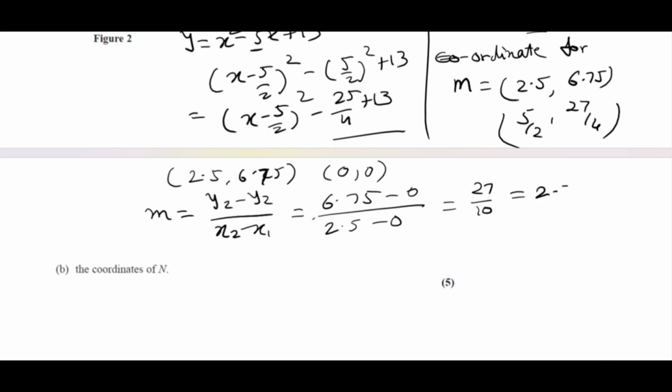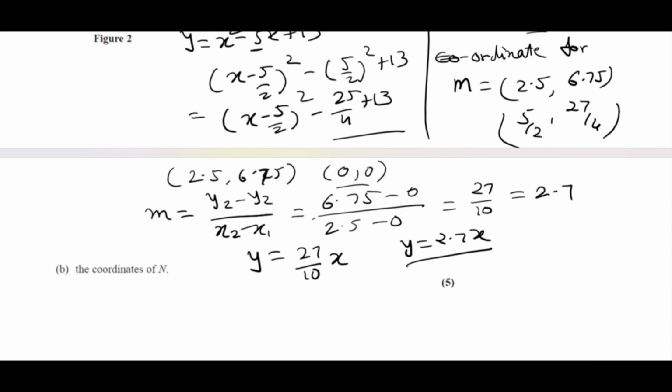We can write 2.7. So our gradient is 2.7, and we know it's passing through 0, 0, so the y-intercept is 0. So our line equation is y equals 27 over 10 x, or you can write y equals 2.7x.